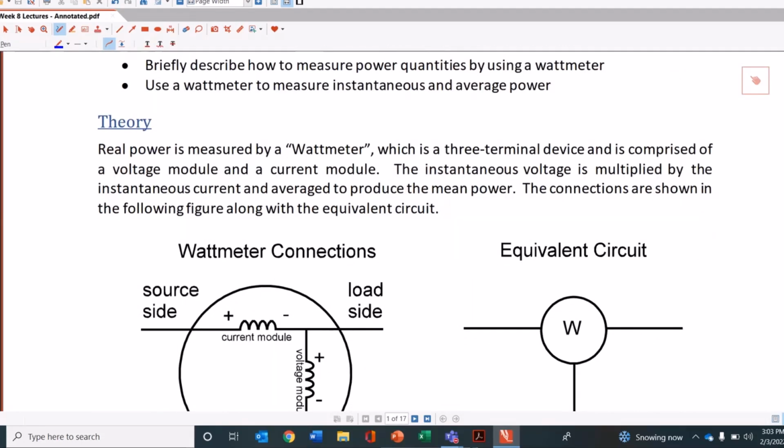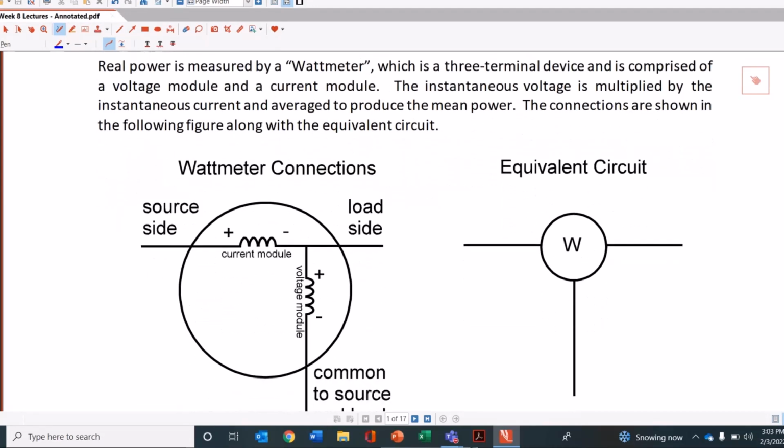So to measure power in a circuit, we use something called a wattmeter. A wattmeter is used to measure real power, and it is a 3-terminal device comprised of a voltage module and a current module, which makes sense because we know that power equals voltage times current.